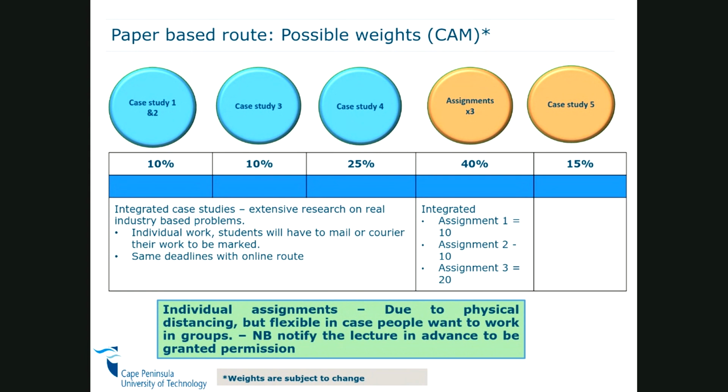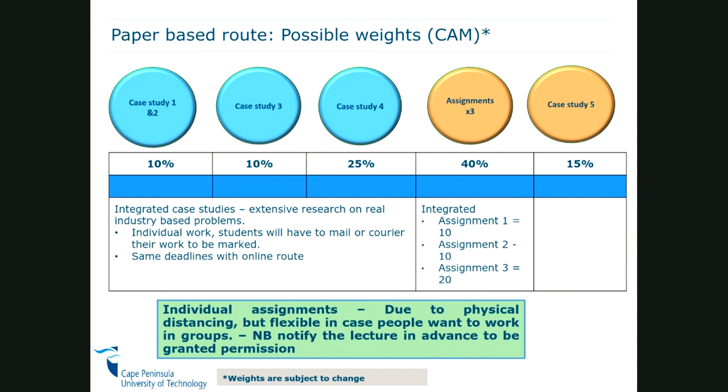So these case studies will require you to be able to research possible solutions to problems based on the content that we have covered within that time frame. So if you are in the paper-based route, those case studies will be based on individual work. It means each student does their own case studies because, of course, we are physically separated via distance, so we can't work in groups.